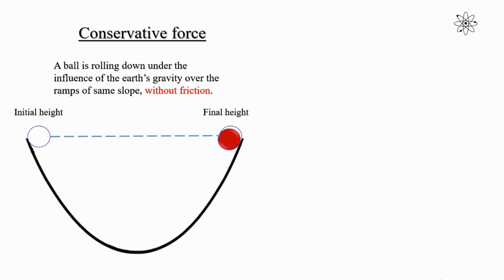This ball is rolling on the ramp of the same slope, but the ramp has no friction. Hence, its initial height and the final height it reaches are the same. This happens in the case of a conservative force, as the gravitational force is a conservative force.